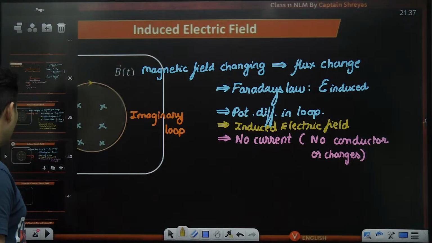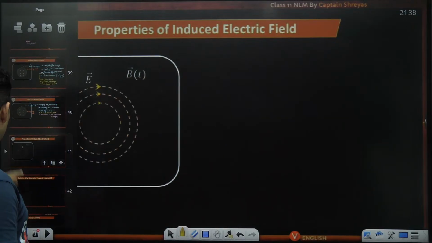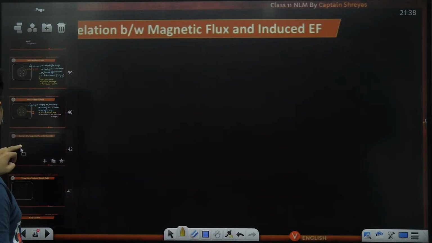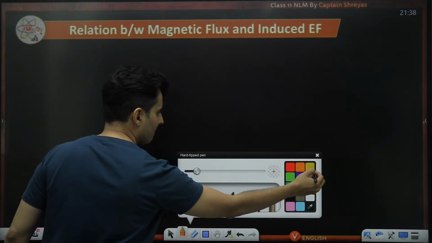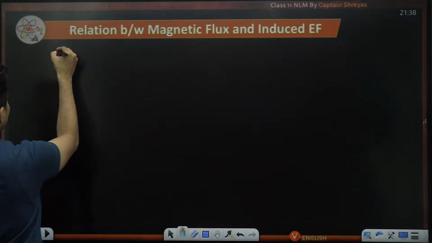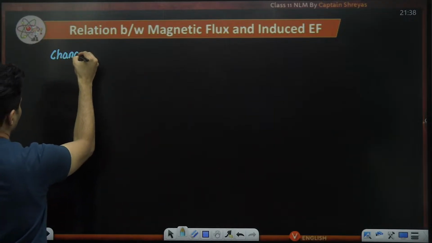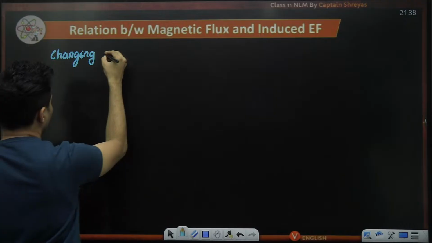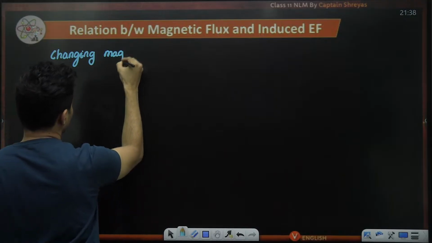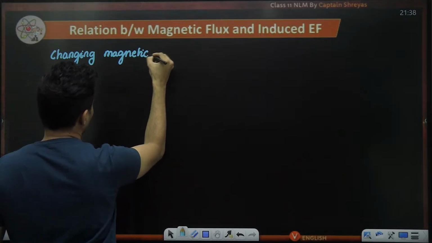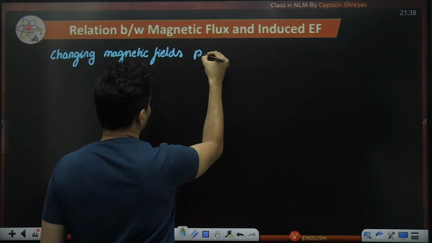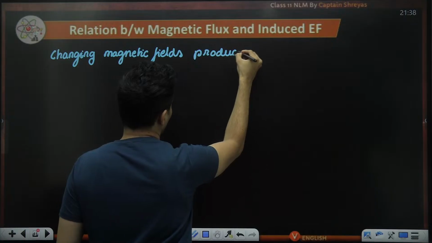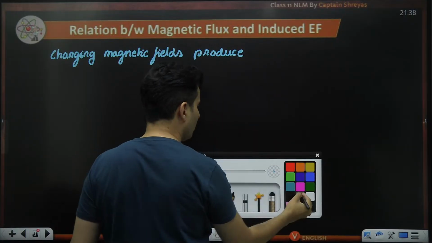This makes me conclude that changing magnetic fields produce, what do they produce?